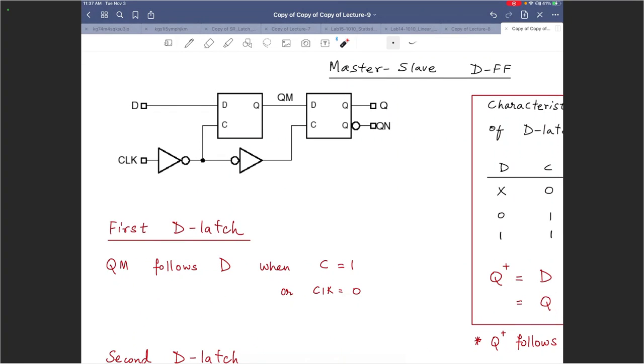I'm trying to make the master slave D flip-flop, or simply the D flip-flop, data flip-flop, using two data latches. And I'm claiming that if I connect them in this way, the output of one driving the input of the other, I will be able to achieve edge triggering. I hope you all agree that the first one and the second one, being data latches, are going to be level sensitive.